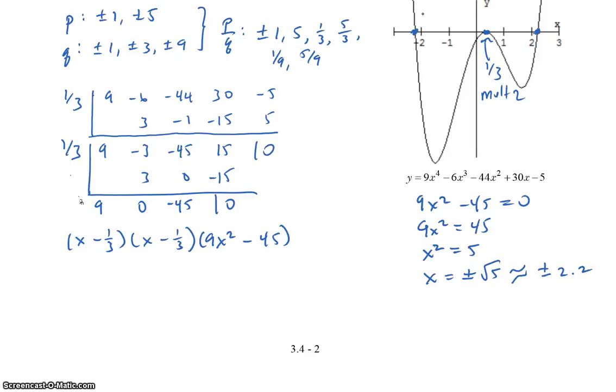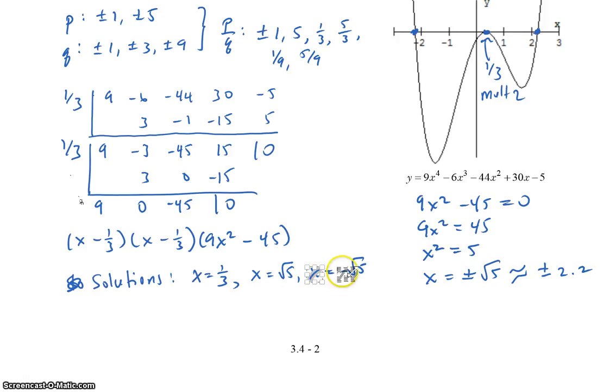So we have found all of the real zeros. In this case we say the solutions, since we're talking about solving an equation here, would be x equals 1/3, and x equals square root of 5, x equals negative square root of 5.